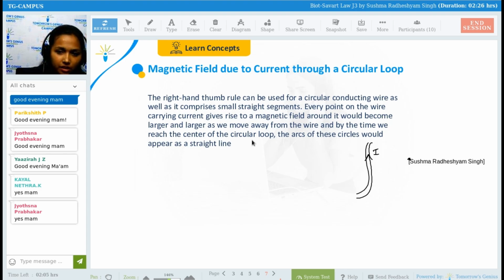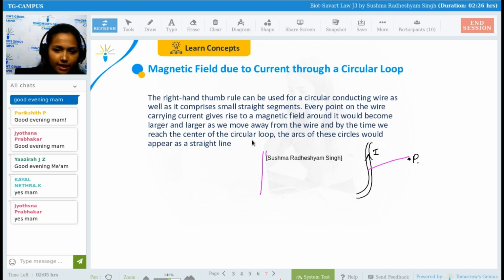What is the magnetic field at point, sorry, at point P? What is the direction of the magnetic field? Can you tell me? Anyone? I said this is my conductor, the current I flowing upward. This is the point P. My question is, what is the magnetic field at point P? Into the paper. Very good.